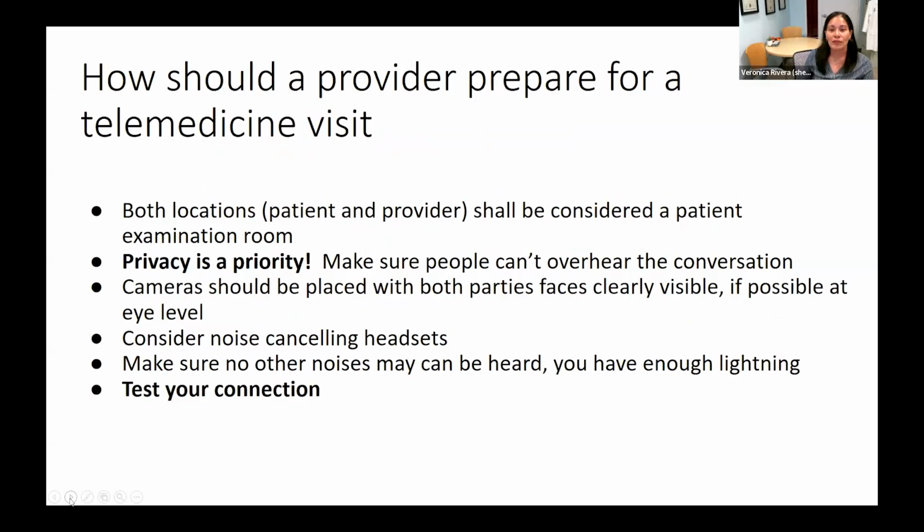And how should a provider prepare for a telemedicine visit? The locations of the patient and the provider should be considered like a patient exam room. So privacy is a priority. For providers in particular, make sure you're not in a shared office space where other people can overhear, or in a place where you might get interrupted frequently.